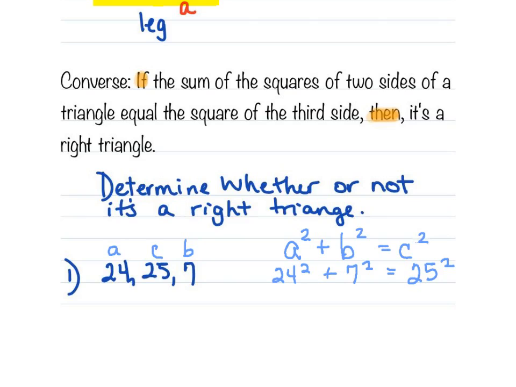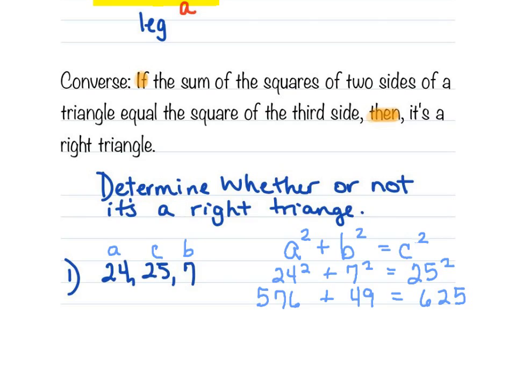Okay, let's go ahead and square these numbers. 24 squared is 576. 7 squared is 49. And 25 squared is 625. And the question is, is this a true statement?